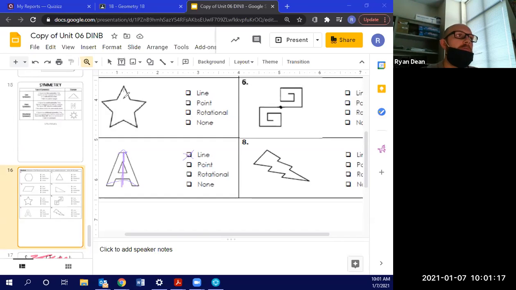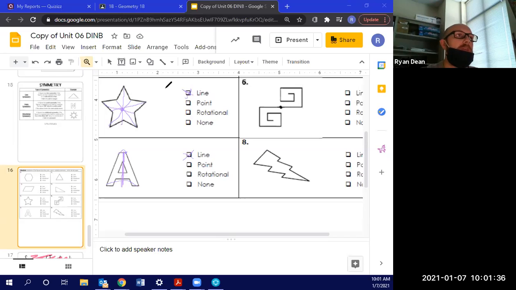This star, you can split it right down the middle. You split it down the middle here, or here, or here, or here. Here's our center point. So we do have line.